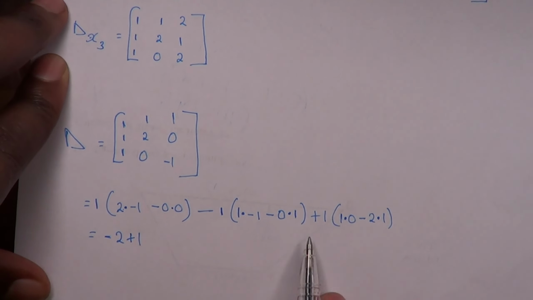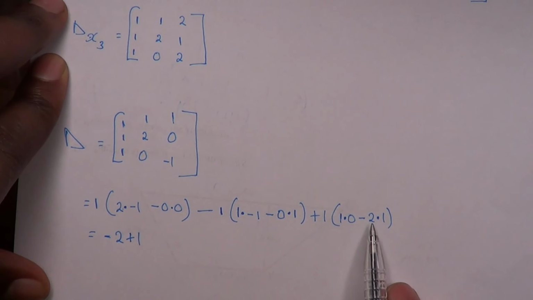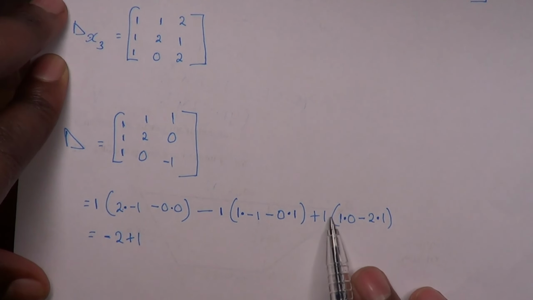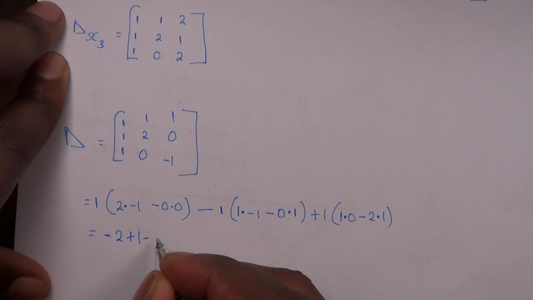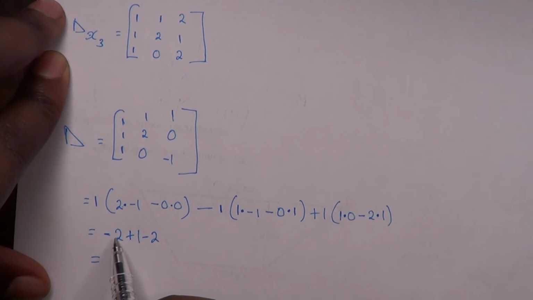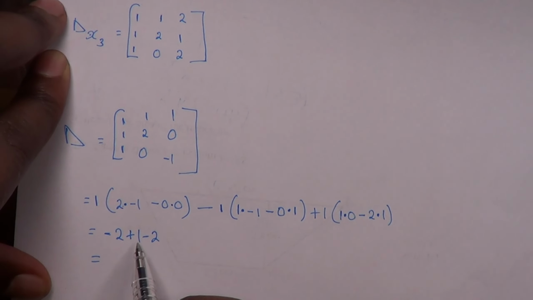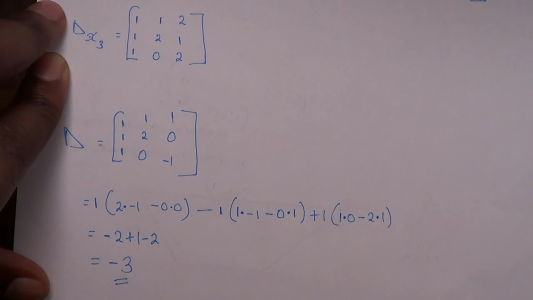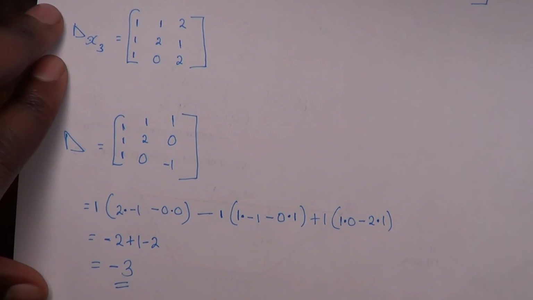The last one: 1 times 0 minus 2 times 1 is negative 2, times positive 1 is negative 2. So the determinant of D is negative 2 plus 1, that is negative 1, negative 1 minus 2, that is negative 3. That's the determinant of D alone.